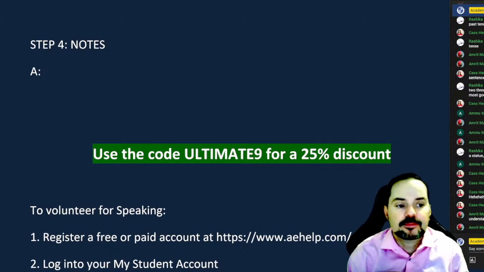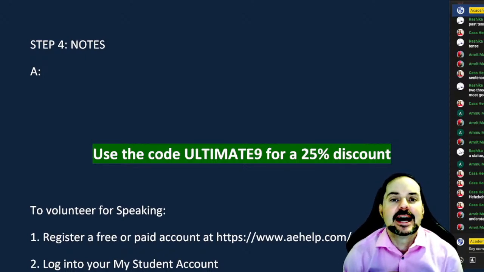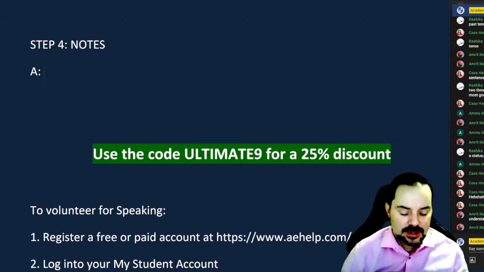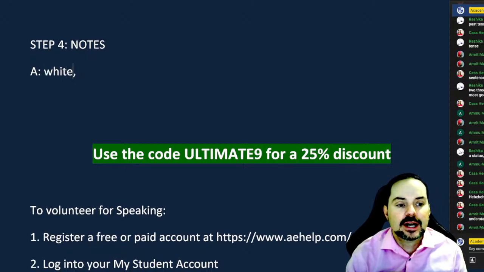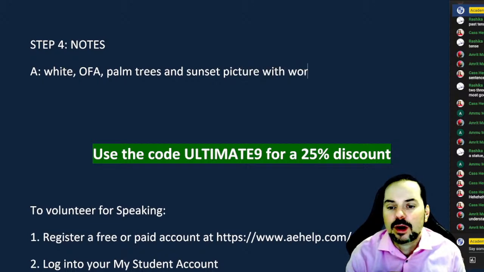So first it's appearance, okay? So what does this baseball hat look like? Maybe it's white, one size fits all. It's got palm trees and a sunset picture with the word Hawaii on it.